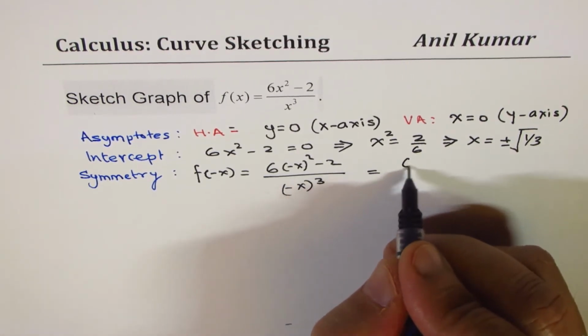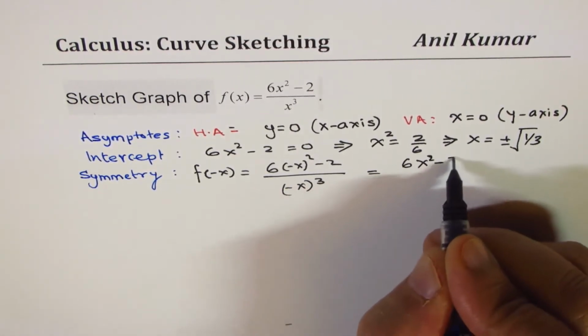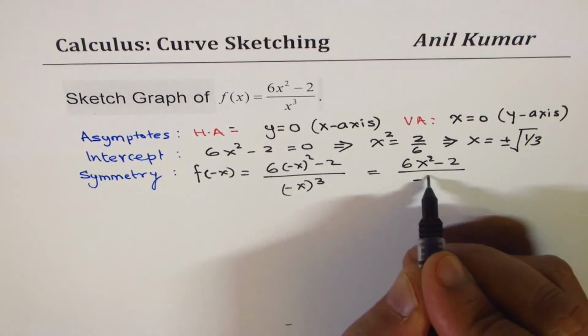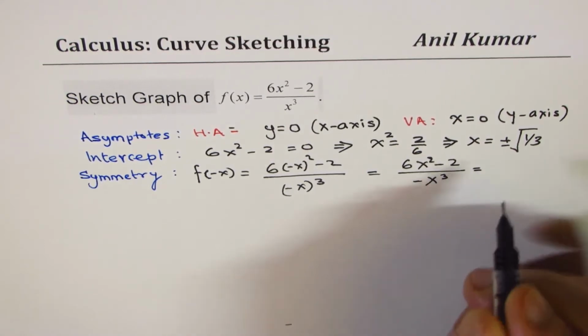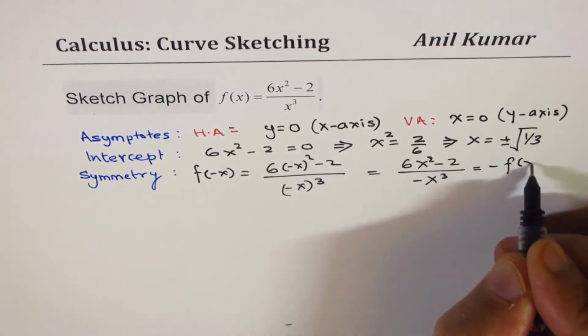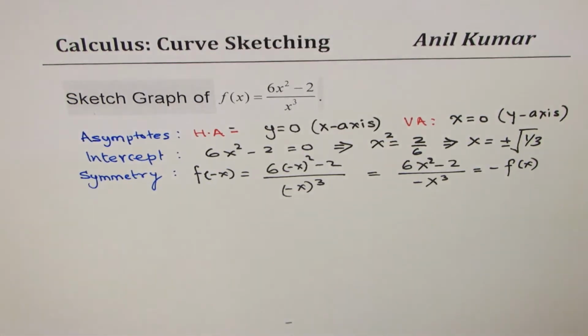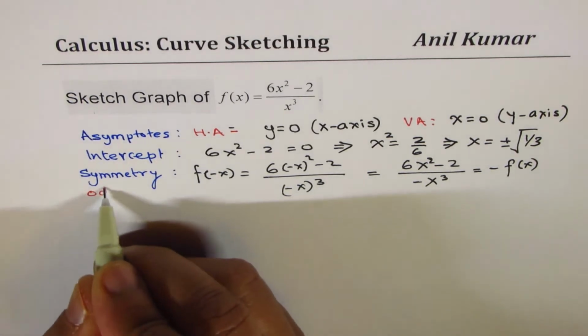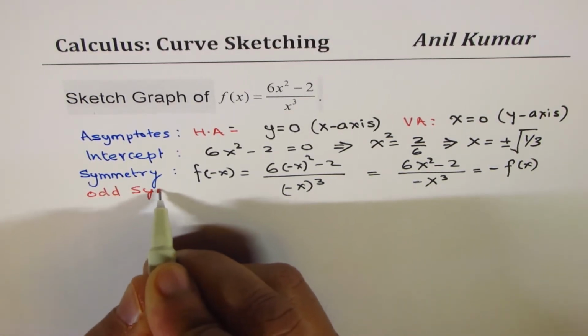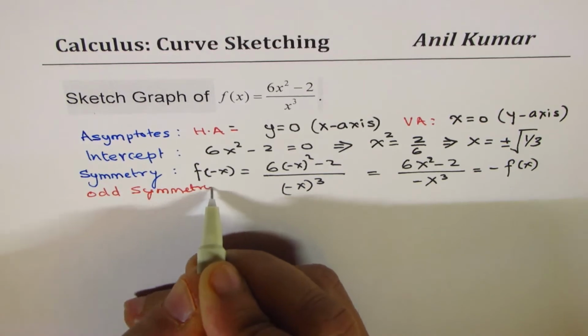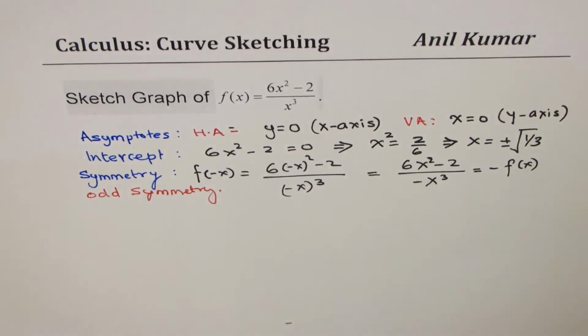And this is equal to (6x² − 2)/(−x³), or it is −f(x). Now since f(−x) is equal to −f(x), we have odd symmetry, right? So these are primary characteristics which we can find even without finding derivatives.